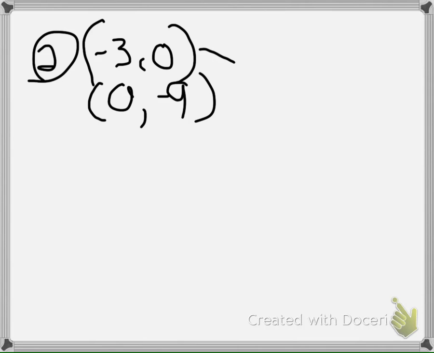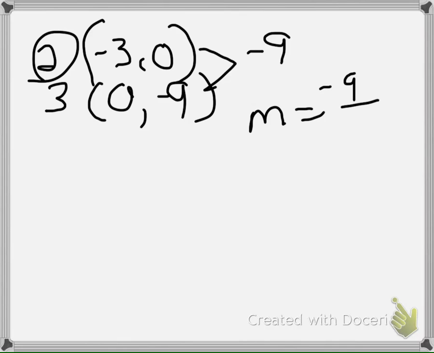Okay, here we go. From 0 to negative 9 is negative 9. From negative 3 to 0 is positive 3. M is always equal to change in y divided by change in x. Negative 9 divided by 3 is negative 3.